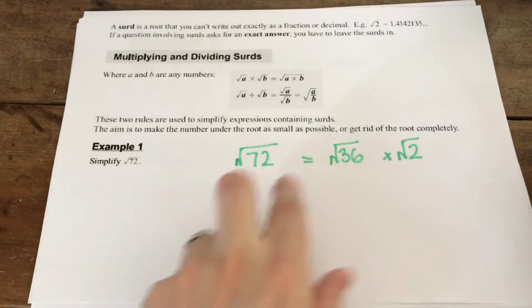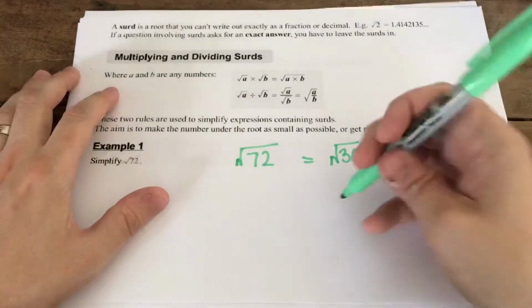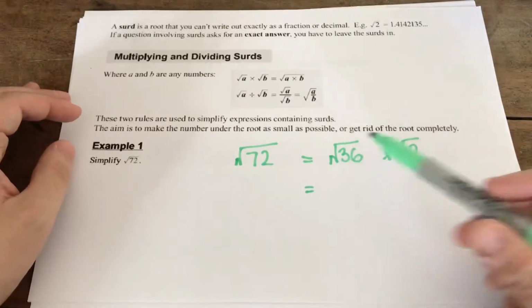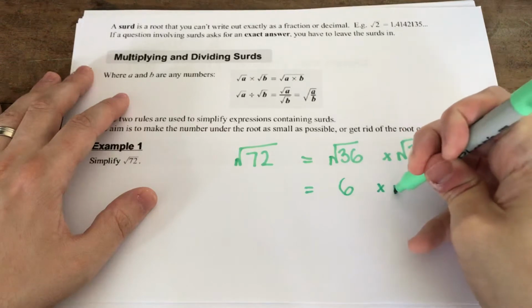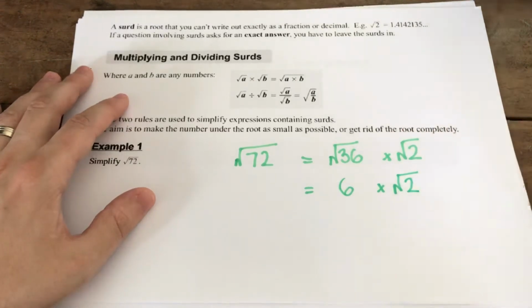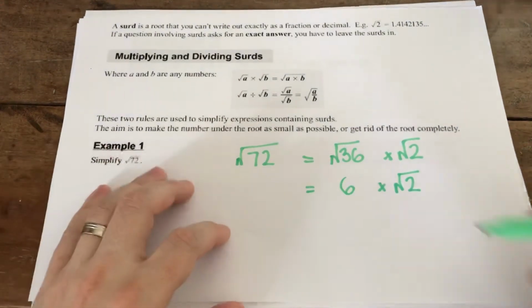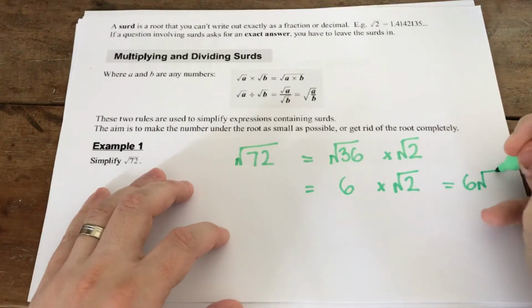Notice that 36 times 2 gives us the number under our square root sign, and that's where it comes from. What we then do is we look at our square number and we square root that. So that gives us 6 times the square root of 2. And we write surds similar to how we write algebraic terms. We don't write the times next to them, so we would have 6 root 2.